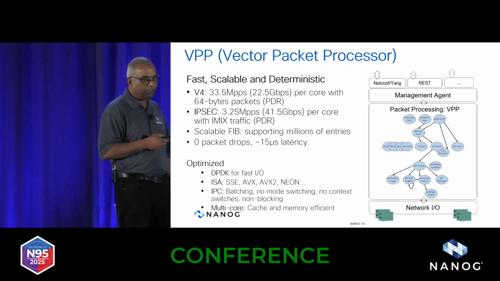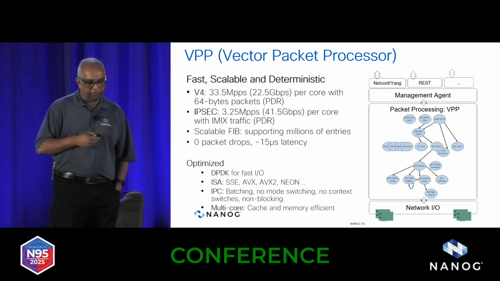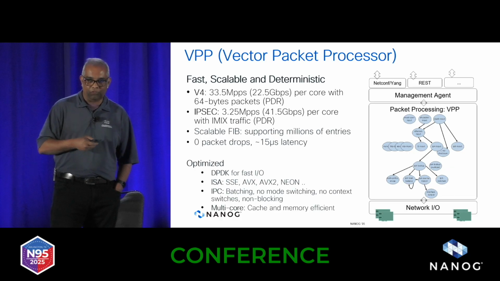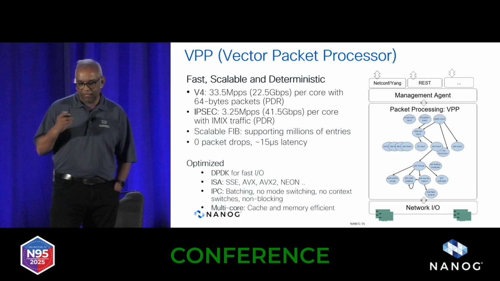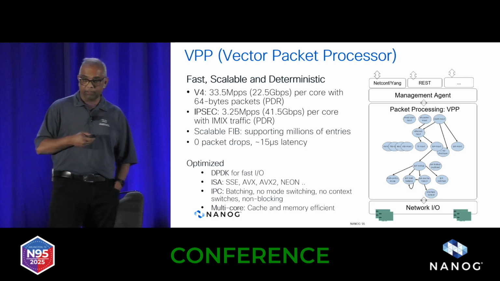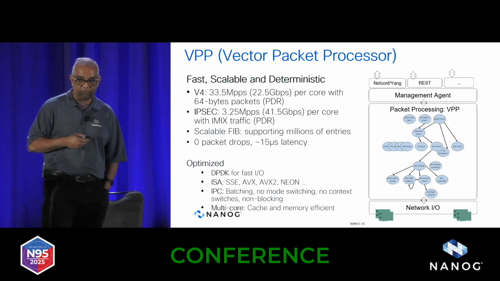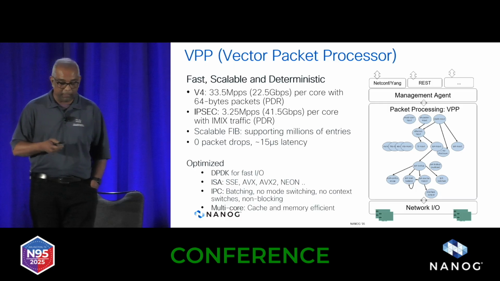It's got low latency, and it uses all the x86 cache very efficiently. It uses AVX instructions. It does batch processing and no context switches, so that it can really perform as a real world router would, right? And so VPP is your engine here, and we are leveraging our work on top of this engine. And clearly we have the capability with our skill set to be able to extend VPP, and it's actually not very hard, okay?